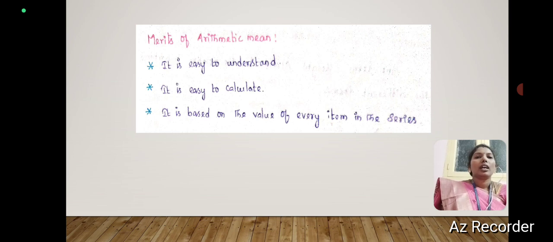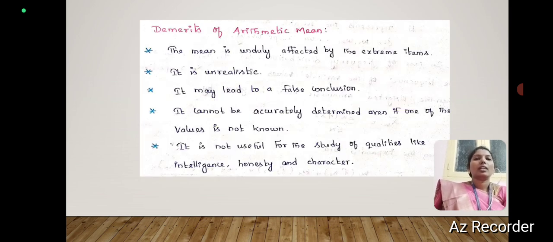And the merits of arithmetic mean are: easy to understand, easy to calculate, and based on the value of every item in the series. And demerits are also available in arithmetic mean.